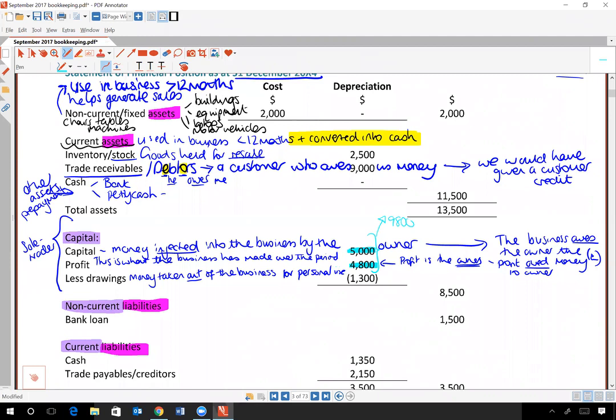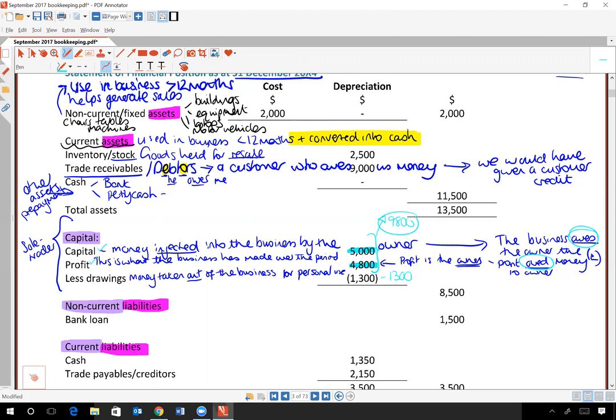So if we just talk about the capital and profit, I said earlier that this is owed to the owner. So we owe the owner 9,800. However, on further inspection, we have found that they have spent money for their own use. So it's not business, it's their own use. So I'm actually going to take that away from what the company owes them.